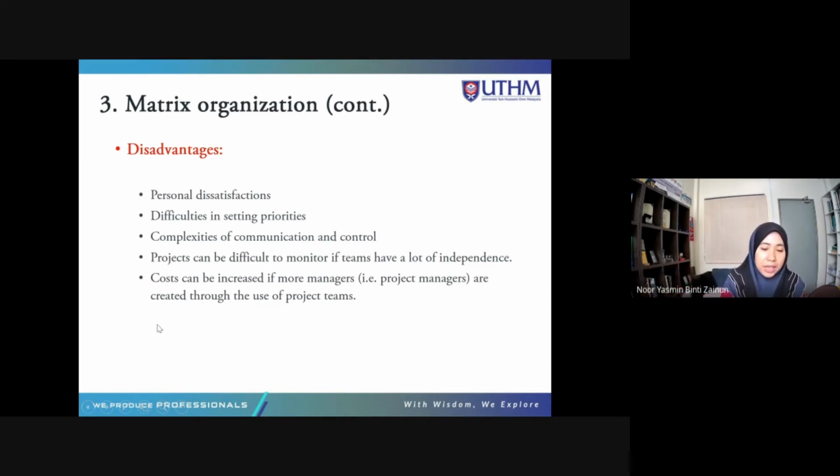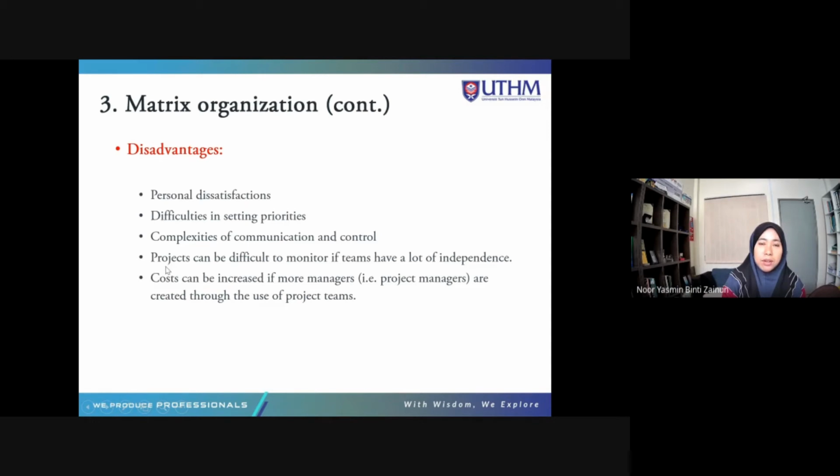Okay, and difficulties in setting priorities and complexities of communication and control because you have 2 bosses. Can you imagine? And the project manager of project A, B or C need to have approval for each function in the department that control with the different project managers. So complexities of communication and control.